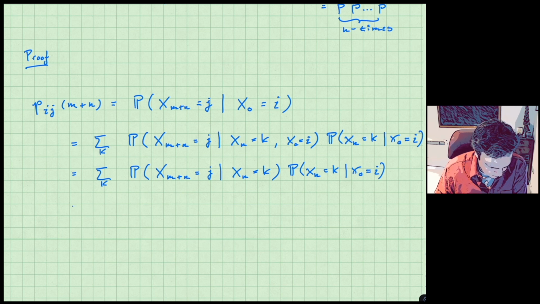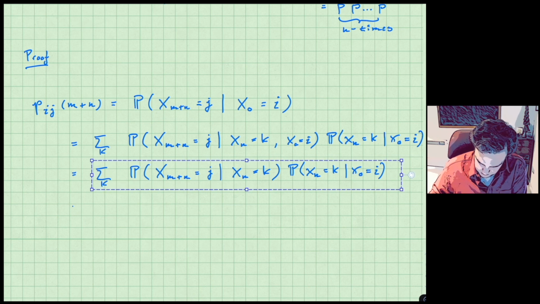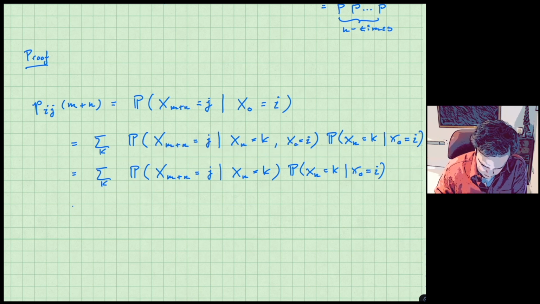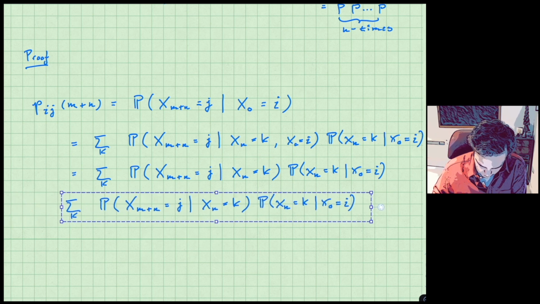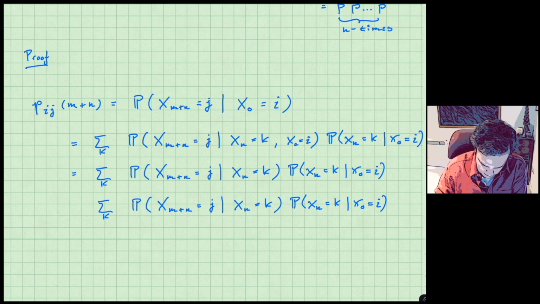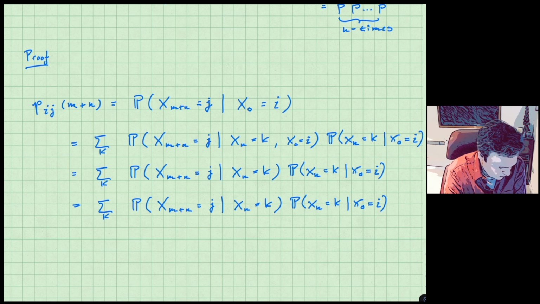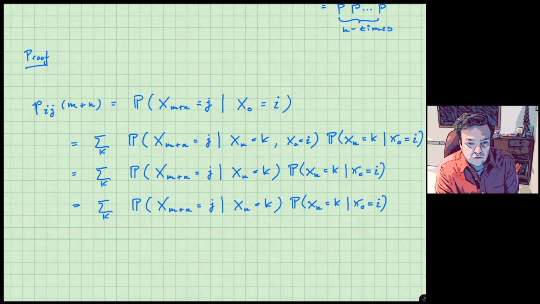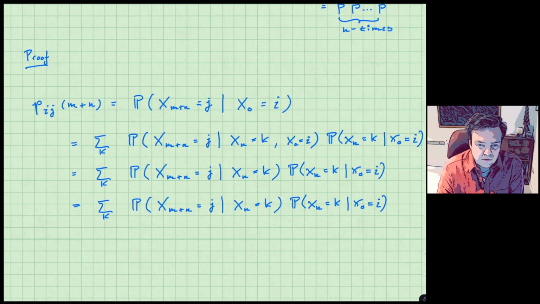So this is equal to, well, let's just duplicate it again. What we're going to change here is the first probability that we want to edit.